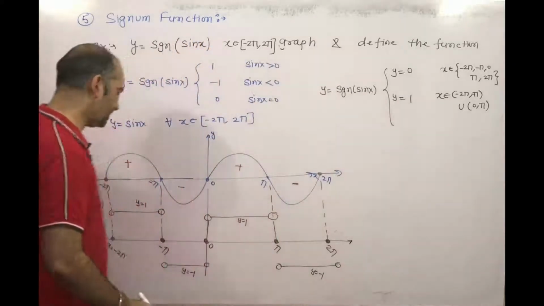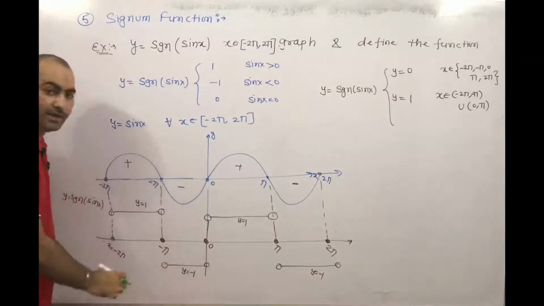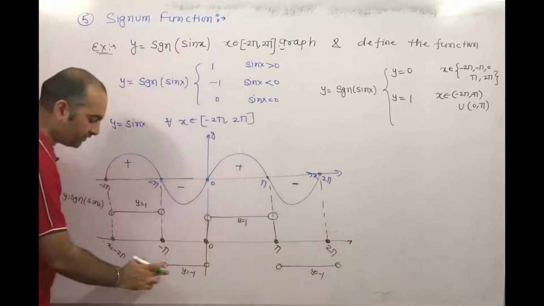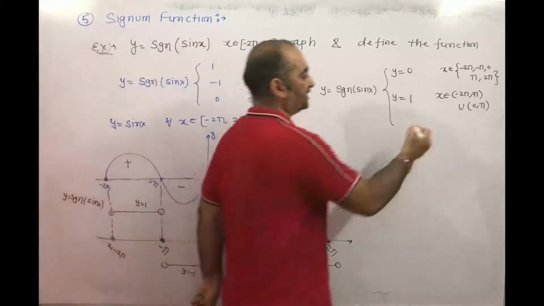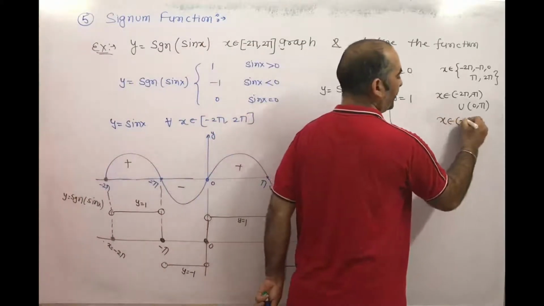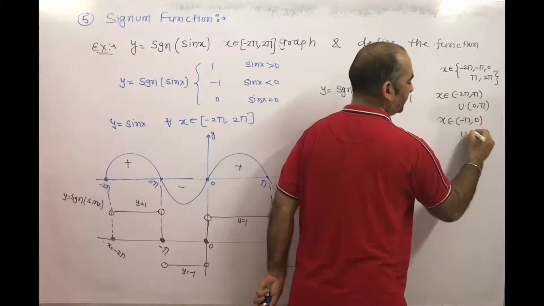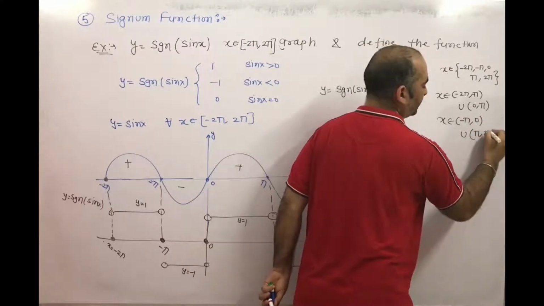And these two intervals are minus pi to 0 and pi to 2 pi, where the value is minus 1. So x belongs to minus pi to 0 union pi to 2 pi.